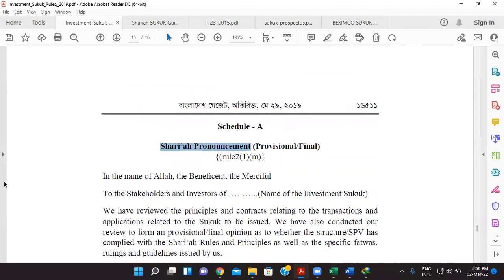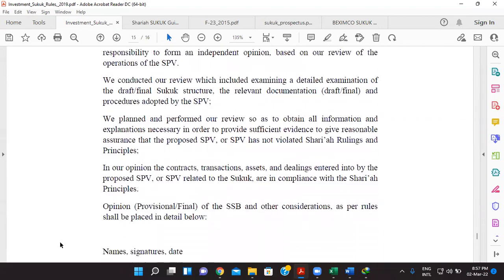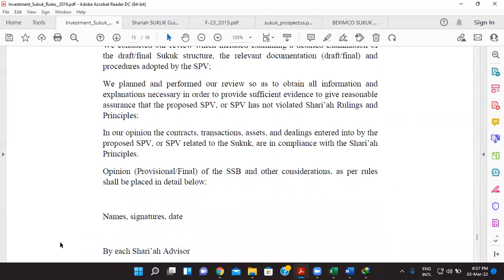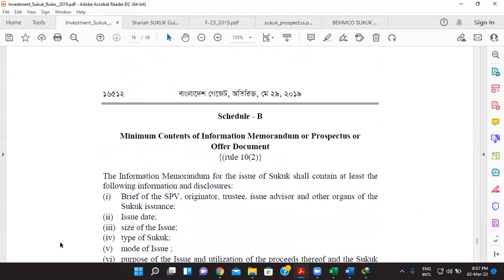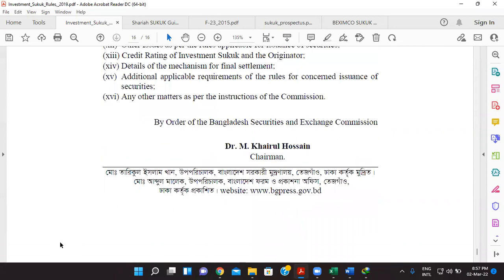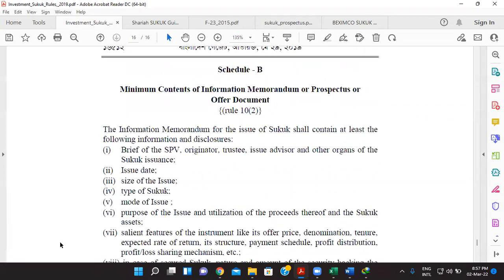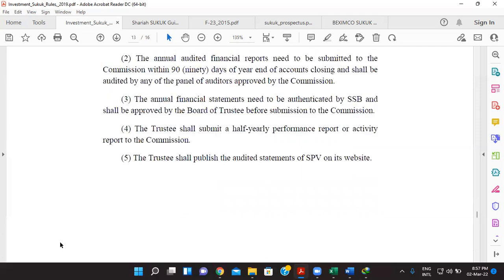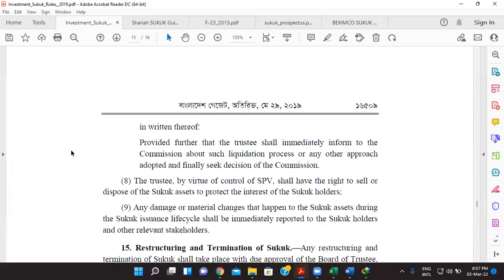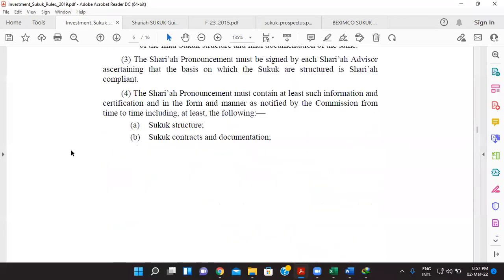They have made a final opinion after reviewing all the documents, all the deeds, all the structures of the SPV and the Sukuk securities. Have you got it? What is meant by the Shari'ah pronouncement? Yes, sir. Okay, fine. So let's continue to the remaining parts.